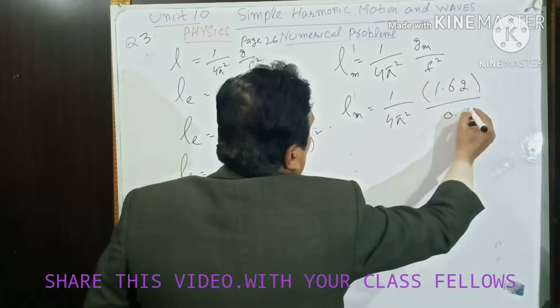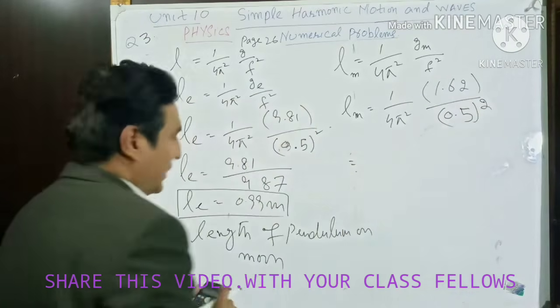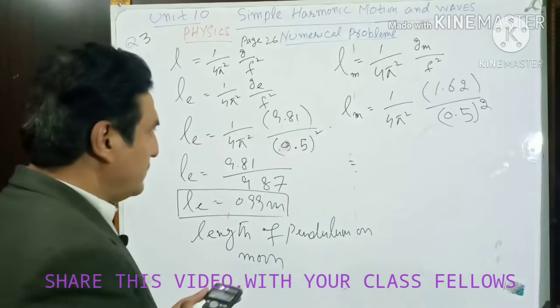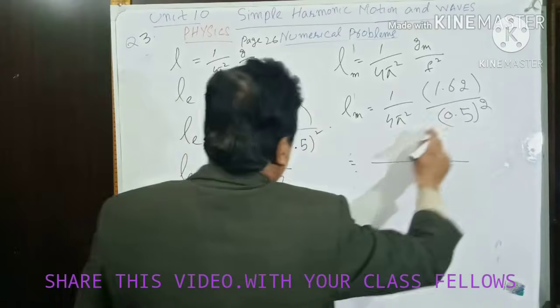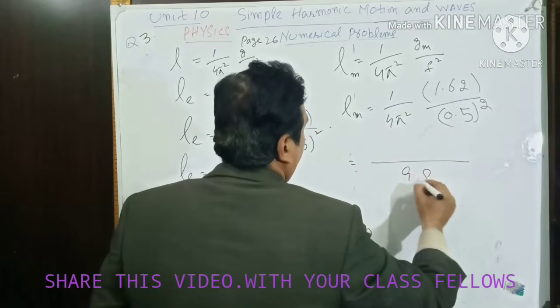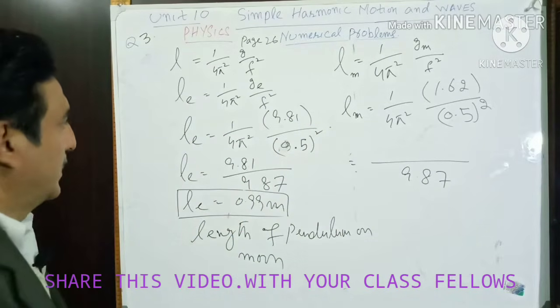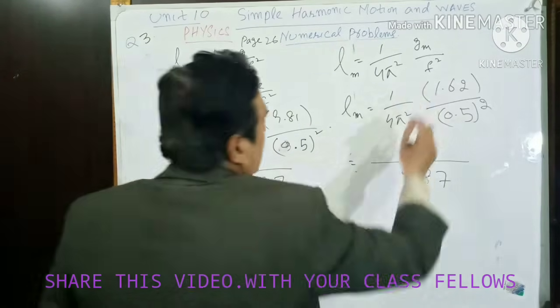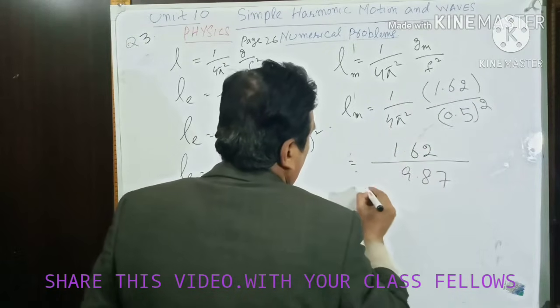Frequency is 0.5 and square. Now, when we multiply these three values, we get 9.87, same as we got here. Now, in numerator 1.62.